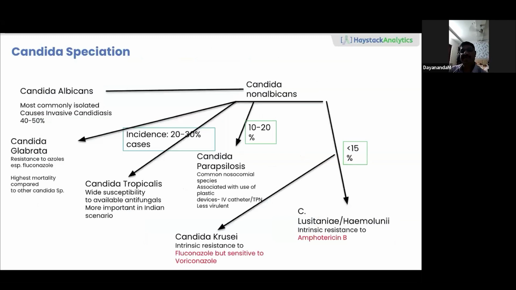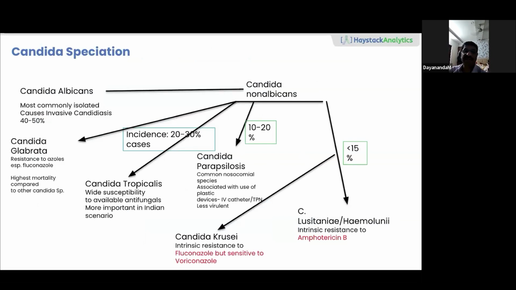Coming to Candida speciation, Candida is basically divided into Candida albicans and non-albicans. Around 40 to 50% of infections in an ICU will be by Candida albicans. It's most commonly isolated and causes invasive candidiasis. In non-albicans Candida, there are Candida glabrata, tropicalis, parapsilosis, krusei, and lusitaniae.